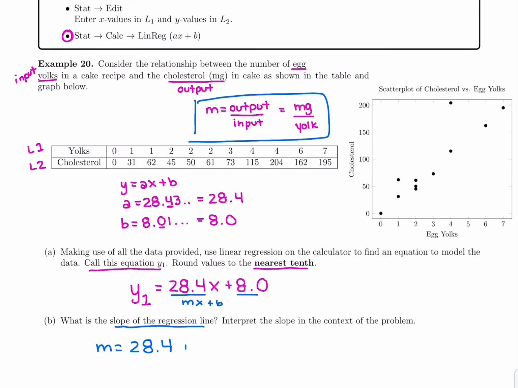So this is telling us there's 28.4 milligrams of cholesterol per egg yolk in the cake. So each egg yolk you add is going to add 28.4 milligrams of cholesterol per each egg yolk added in the cake.